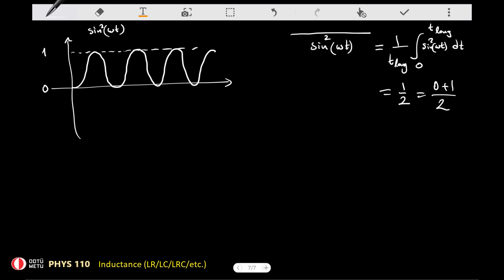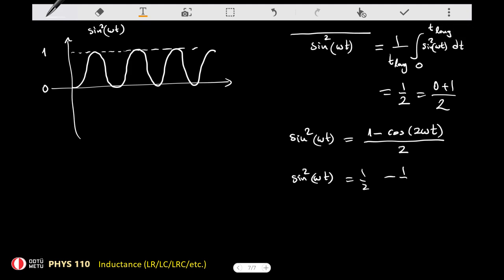Right? You can also think of it like this. I can think of sine squared omega t as 1 minus cosine of 2 omega t, divided by 2. This is just a trigonometric half angle formula.